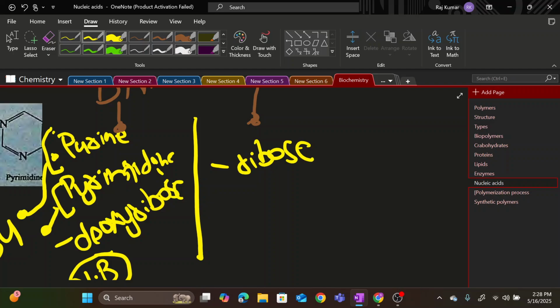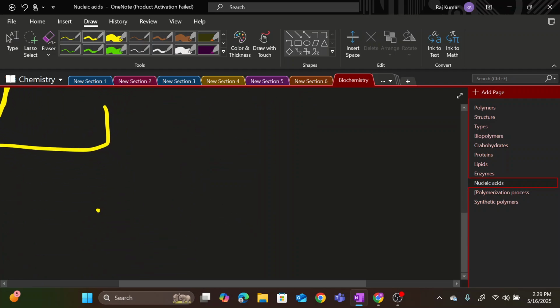Thus, to decrease its reactivity, oxygen is not present on the second carbon. Ribose, on the other side, is not that stable. It is very reactive, such that after 30 to 45 minutes of the translation process, protein synthesis, it is decomposed really quickly.